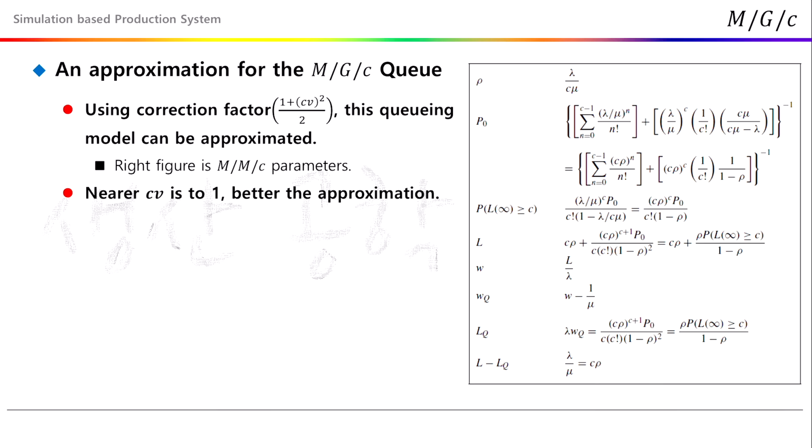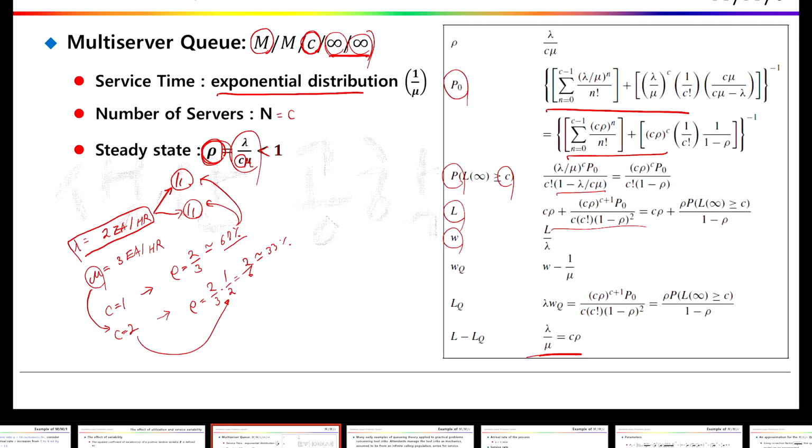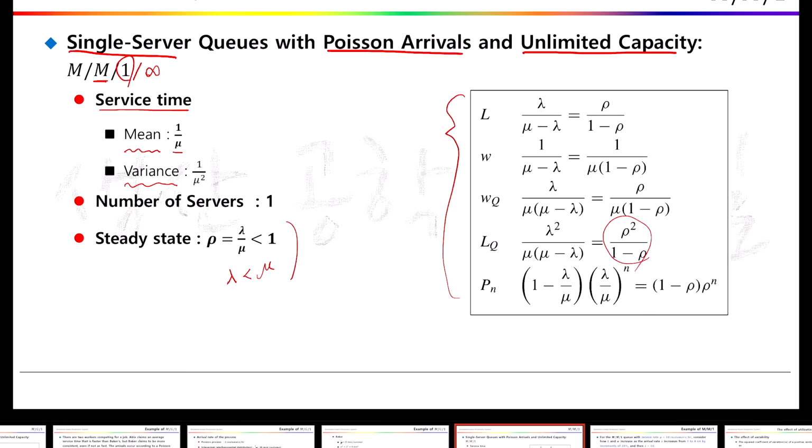And this is again the explanation about the variability. Actually, we have seen, where is it? Here, MG1.